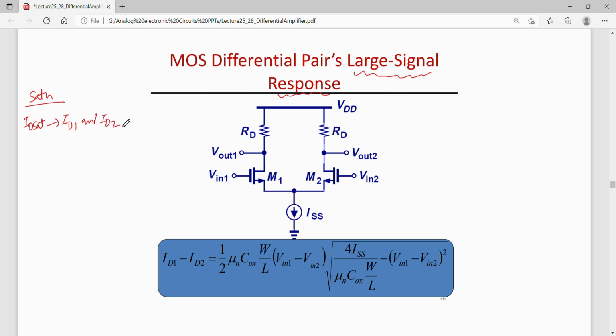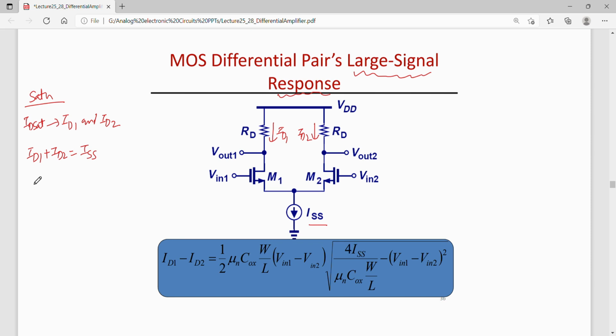And then, knowing that if this is ID1 and this is ID2, one also has to assume that ID1 plus ID2 is equal to the total tail current, ISS.